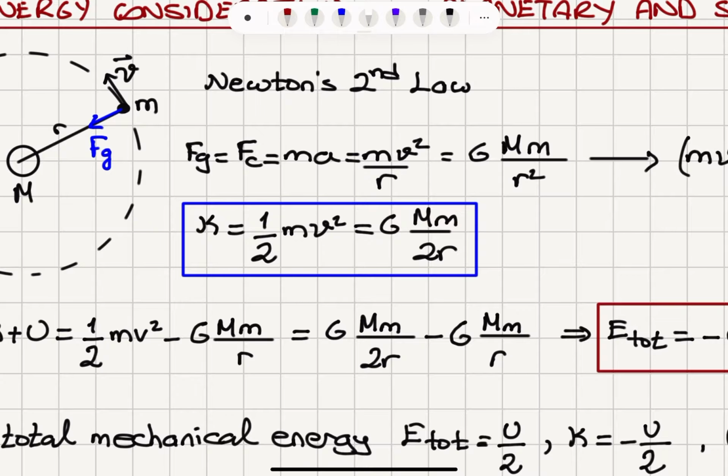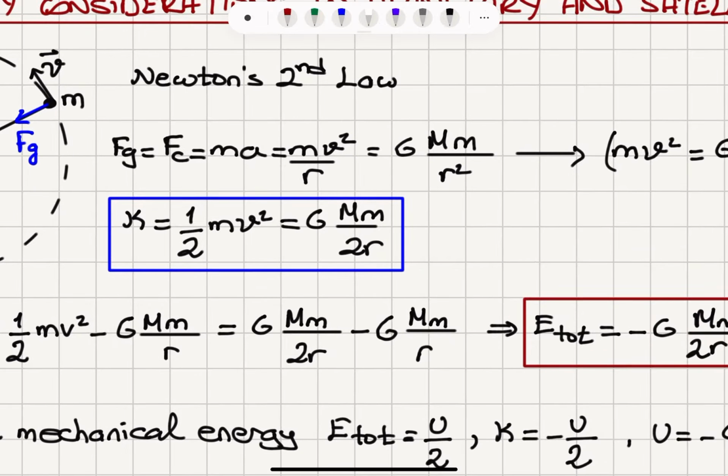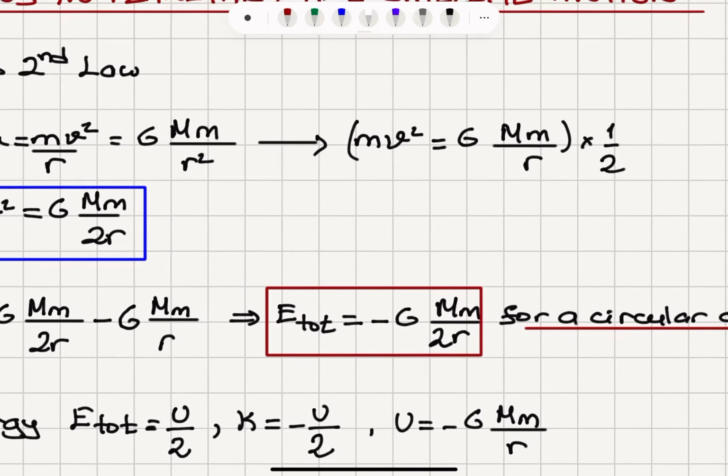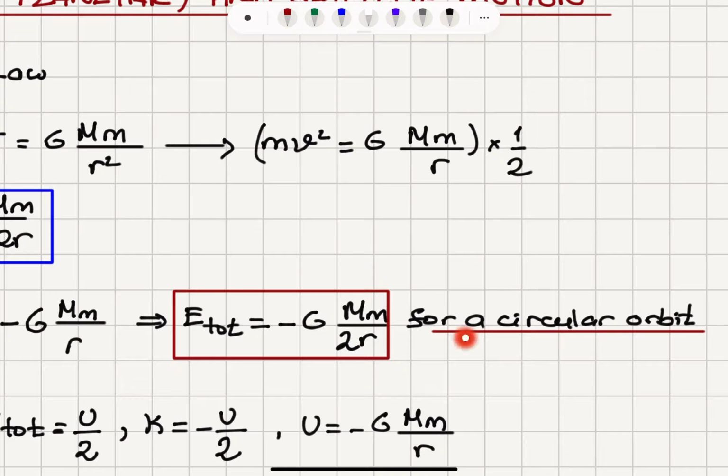So now we have determined that the kinetic energy is G capital M m over 2r, and we also have the potential energy term minus GMm over r. If I multiply this by 2 over 2, I can see that the total mechanical energy is minus G capital M m over 2r. And this result is true for a circular orbit.